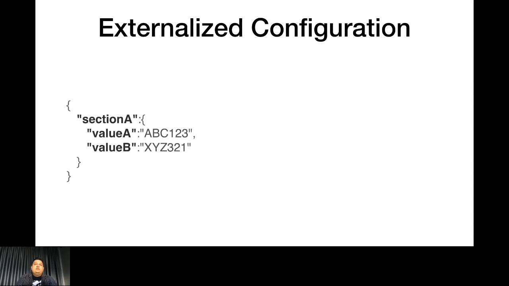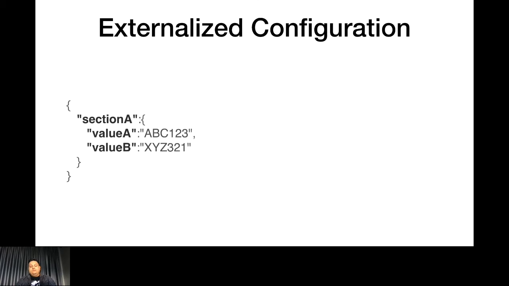Okay, so let's get back to the configuration. An important thing when it comes to configuration is that we want to have our configuration externalized. What it means is that we can have a separate config file completely apart from our microservice.